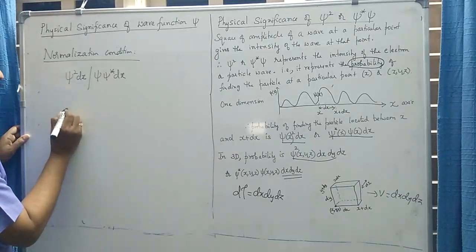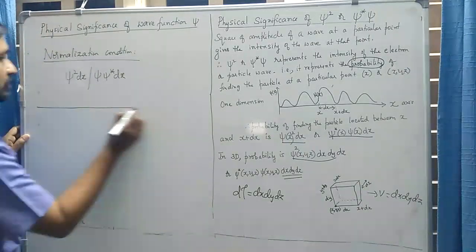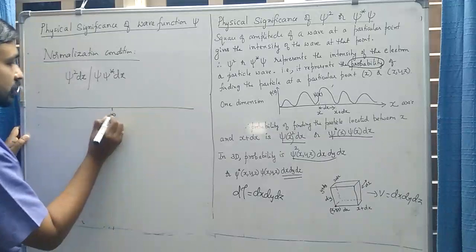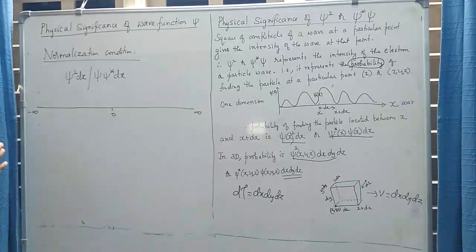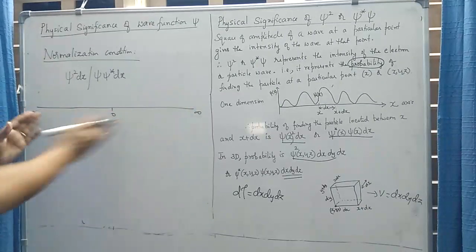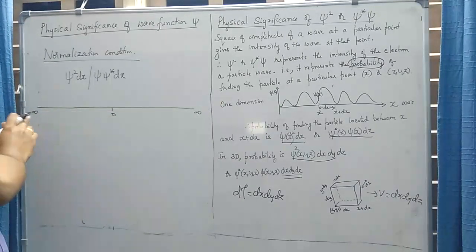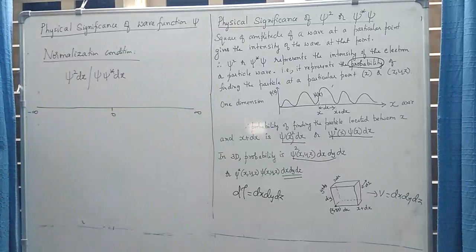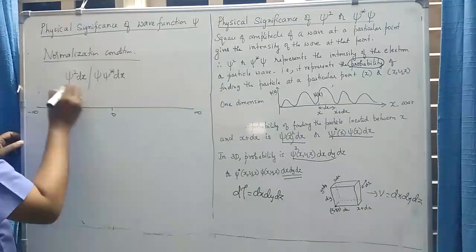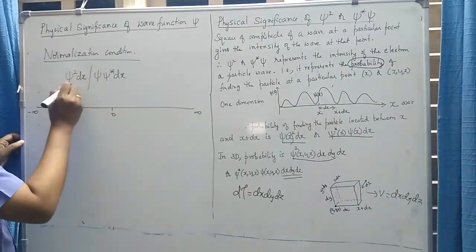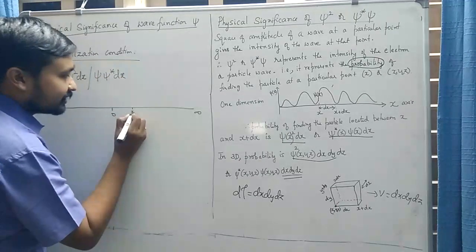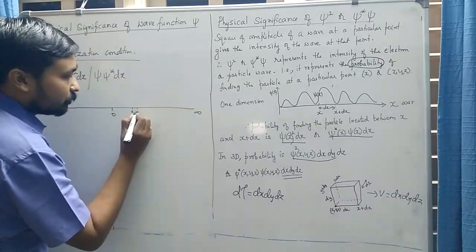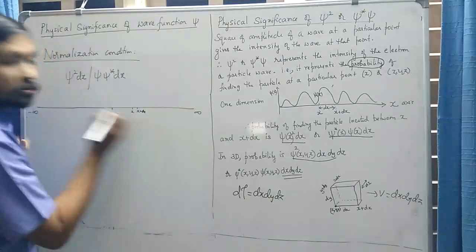Suppose we assume that this is the x-axis, this is the origin, this is minus infinity to plus infinity. So suppose the electron is given the freedom to travel anywhere along the x-axis from minus infinity to plus infinity. Now what is the meaning of this term psi square into dx, or psi into psi star into dx? Suppose I select a point x here and I select another point x plus dx which is very close to x.